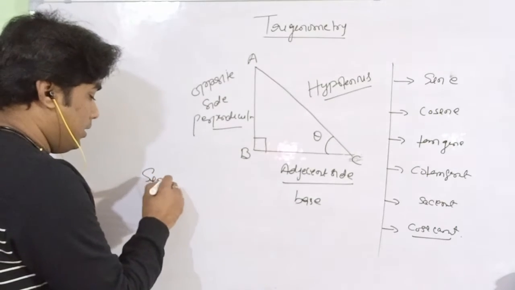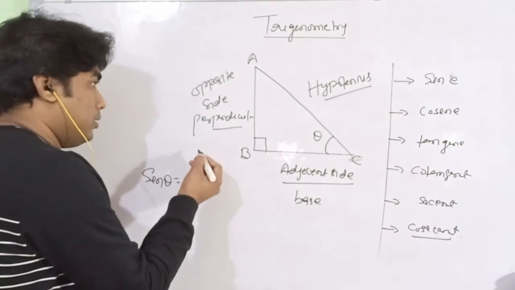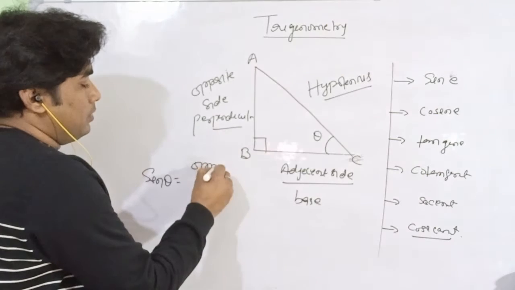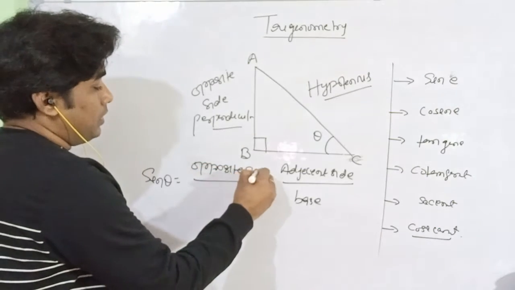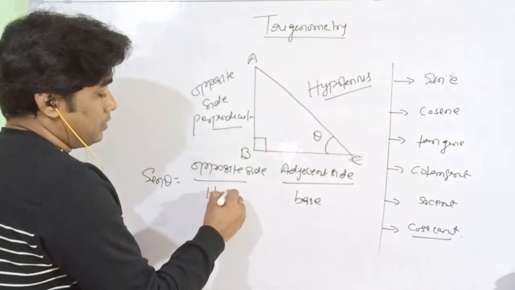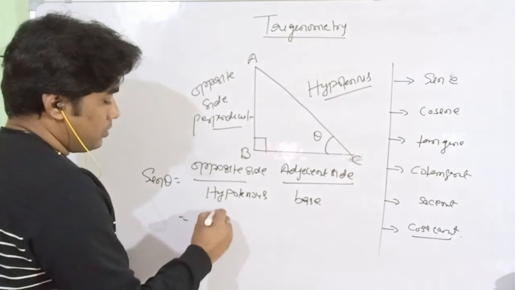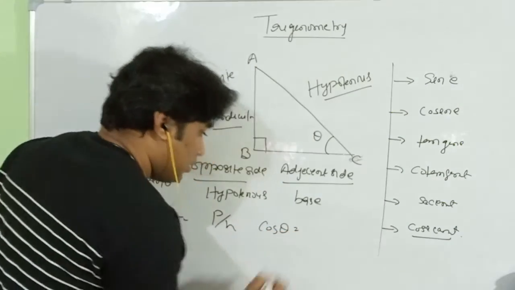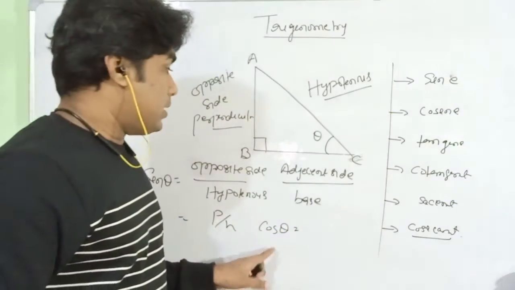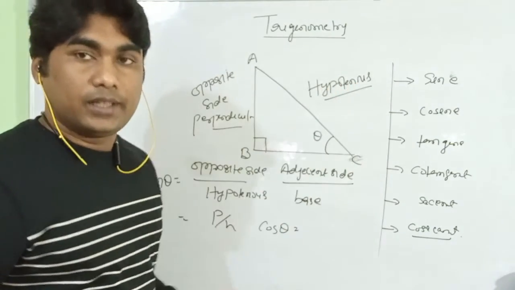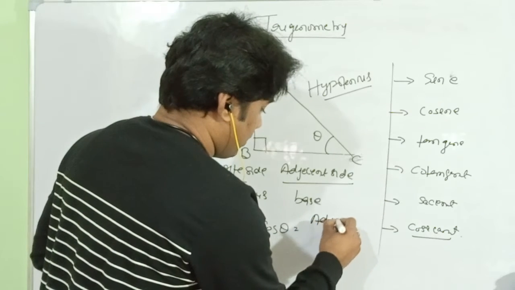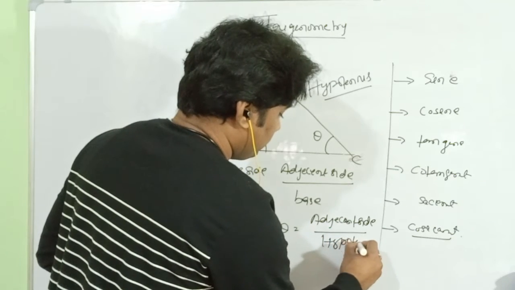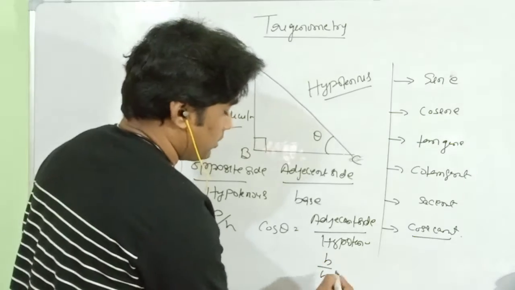That's why sin theta is also called opposite side upon hypotenuse, and this is also known as P upon H. Cos theta or cosine of theta is establishing the relation between adjacent side and hypotenuse of a right angle triangle, adjacent side upon hypotenuse. That means this is nothing but B upon H.